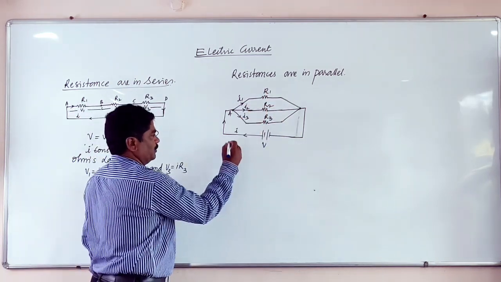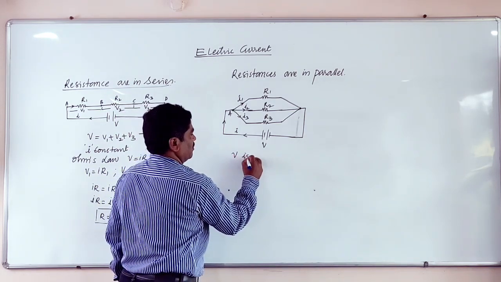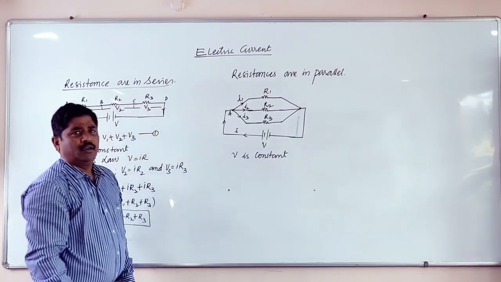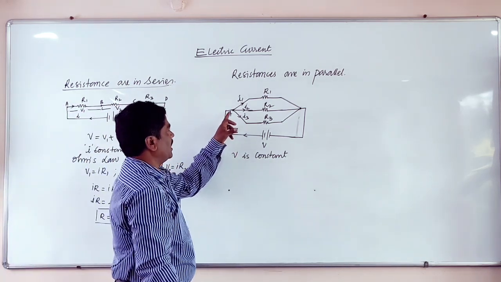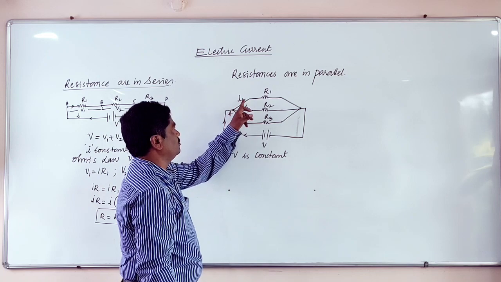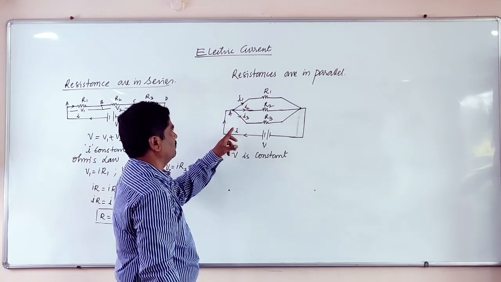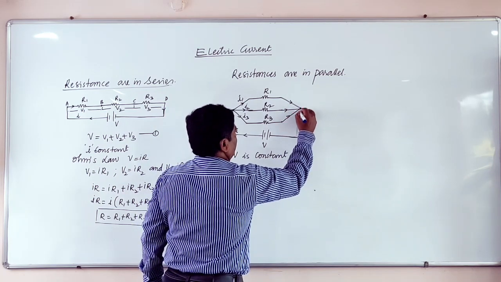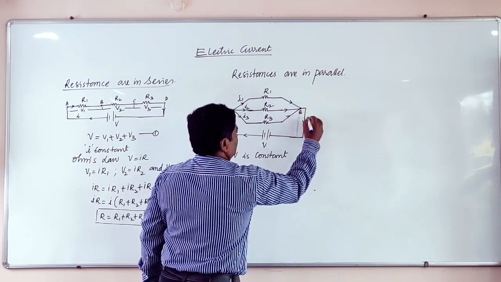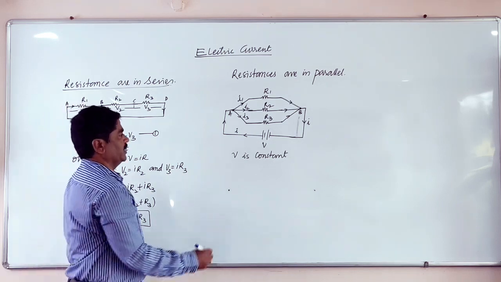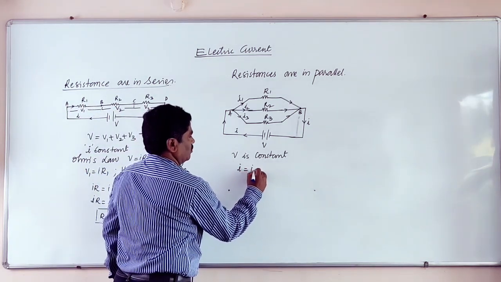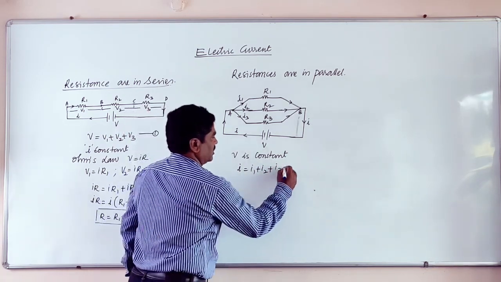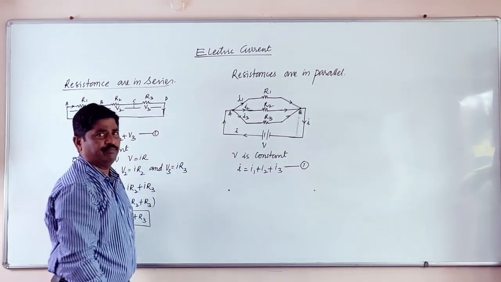Hence V is constant in this combination. The current I at A is distributed as I1, I2, I3, and again these three combine at point B and come out as I. Therefore, I is equal to I1 plus I2 plus I3. This is also equation 1.